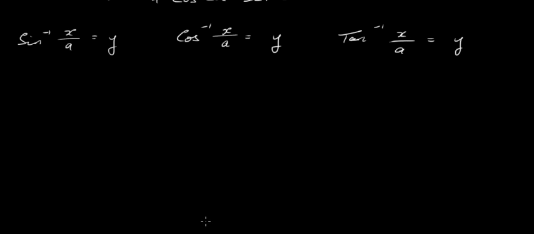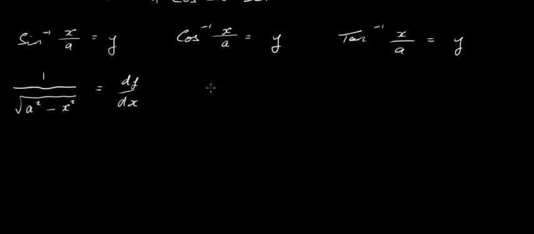So what do we get if we differentiate these? Well, in our first case this is sine inverse here, so that's going to be 1 over the square root of, remember this is dy dx, the square root of a squared, so whatever's on the bottom here we're going to square that, so it's a squared, and then it's minus the x squared on top here. So that's our rule here.